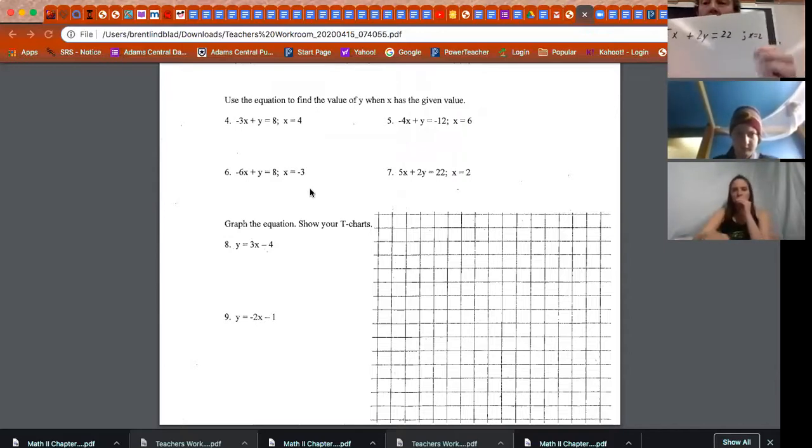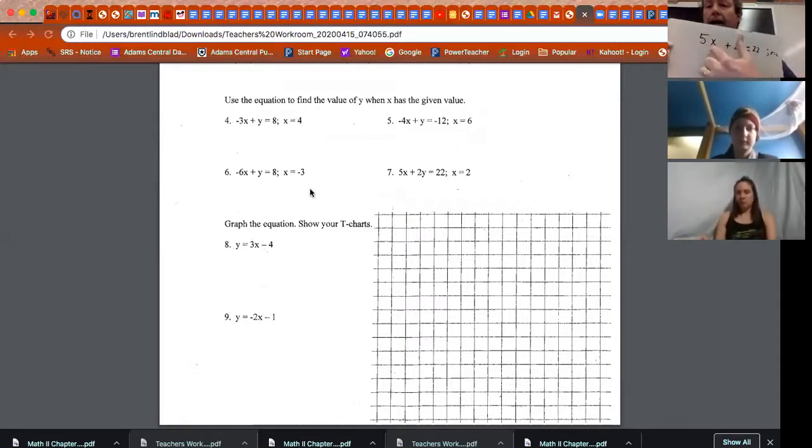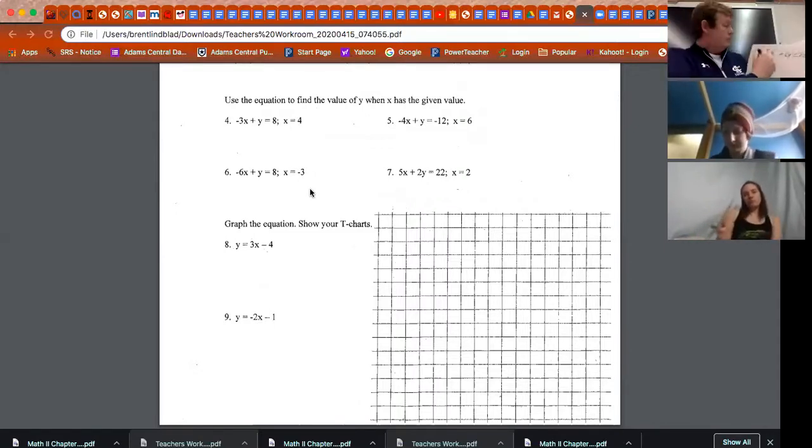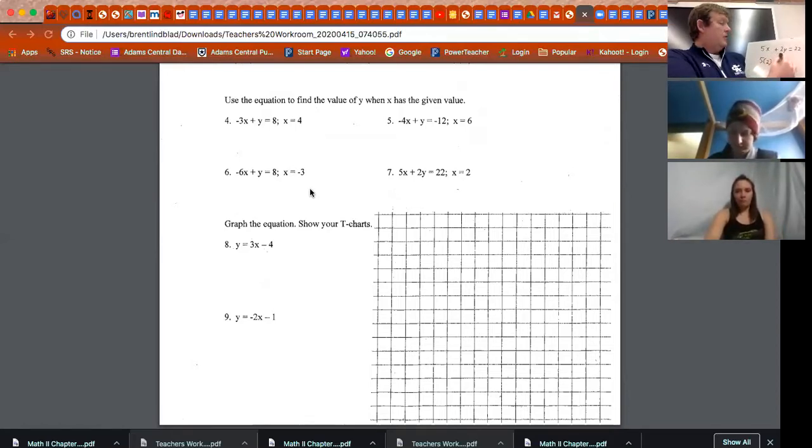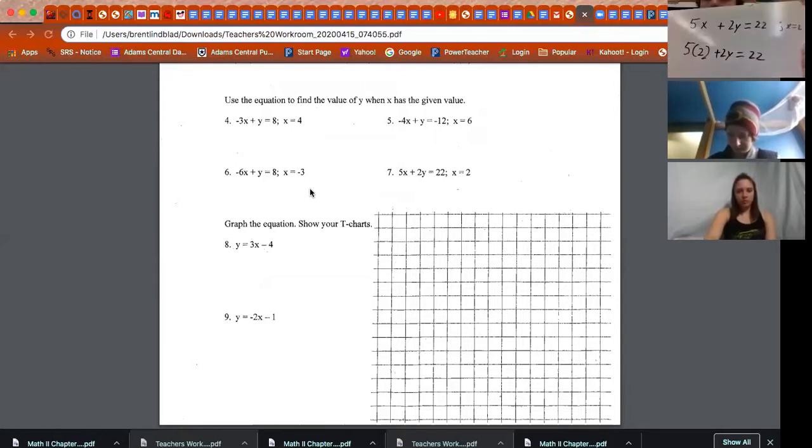That means I'm going to take that 2 and substitute it in where x is, right here. So now I have 5 times 2 plus 2y equals 22. I'm just going to do a little bit of integer work here, just like what we've done in the past.